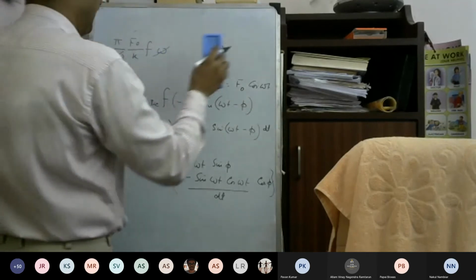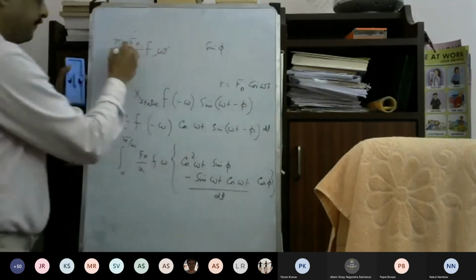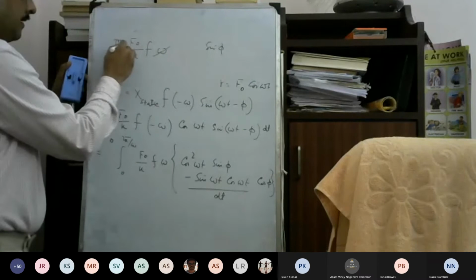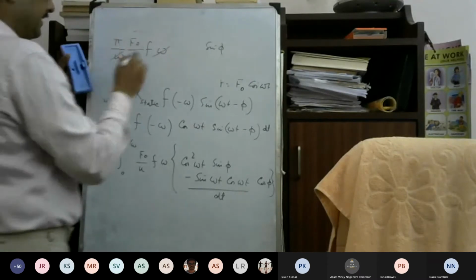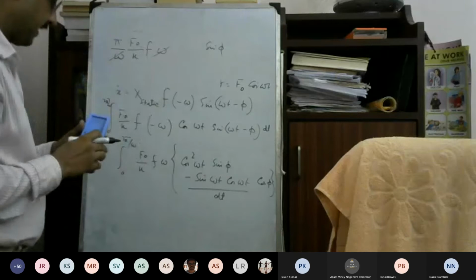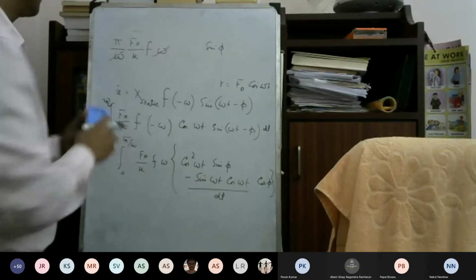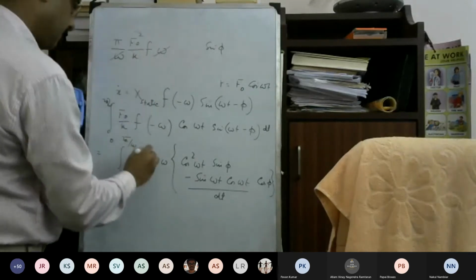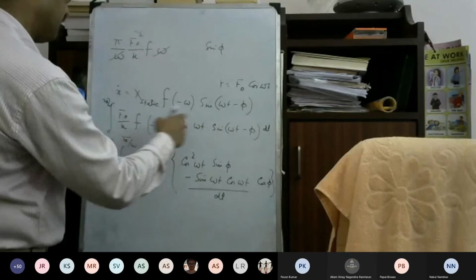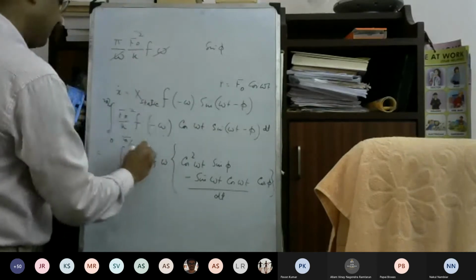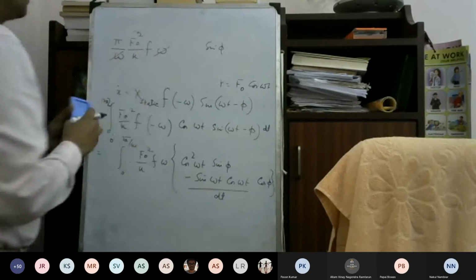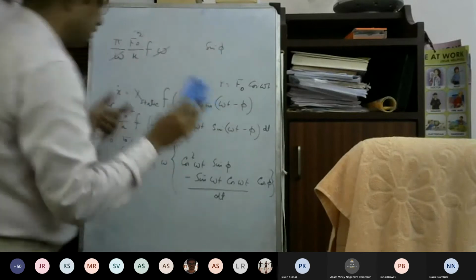So we have here f naught by k, f and x static. I did not consider x squared, so sorry. There was one term x static. So now f naught will come. I missed f square somehow. Okay, so this is the part which we are getting.